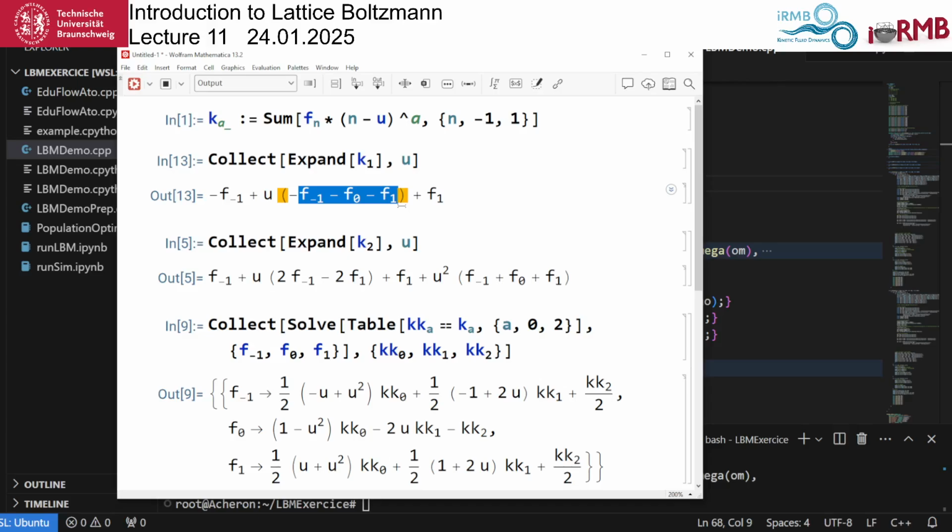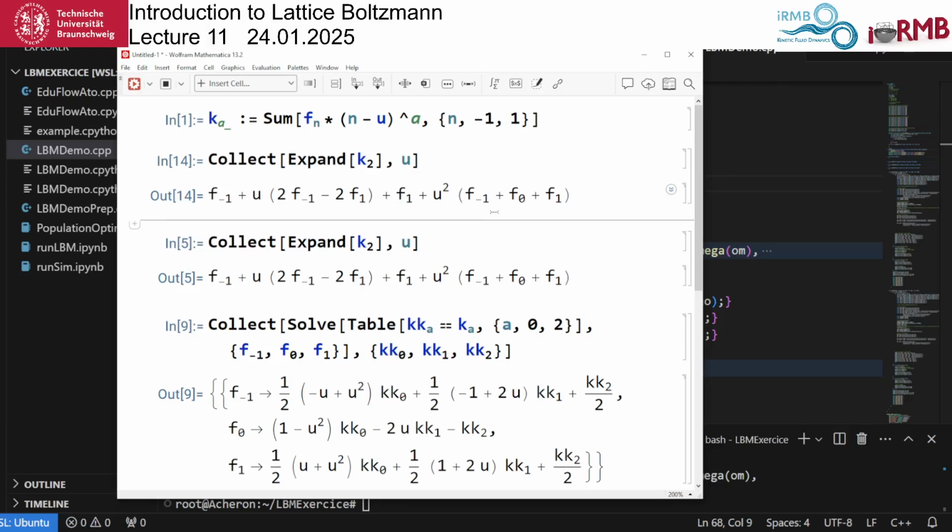The things that we saw repeatedly were the zero moment and the first moment, and then there is something else that we could pick out, namely something you could call the second moment. So we have here F1 plus F minus 1. It's not well ordered here, but this also appears in here, and this is actually the second raw moment.